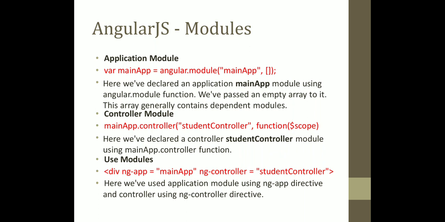Then, to use the modules, we will include the directives: ng-app with your application name, that is main app, and ng-controller with your controller name, which is student controller. So this will be your application module using the ng-app directive and controller using the ng-controller directive.